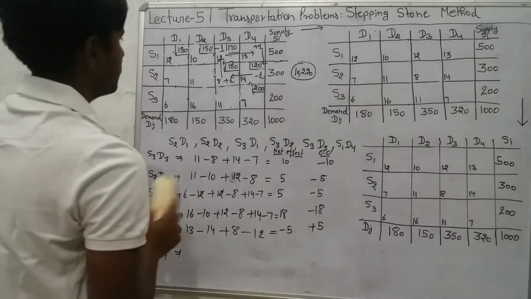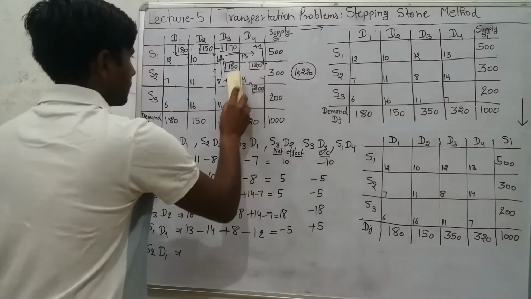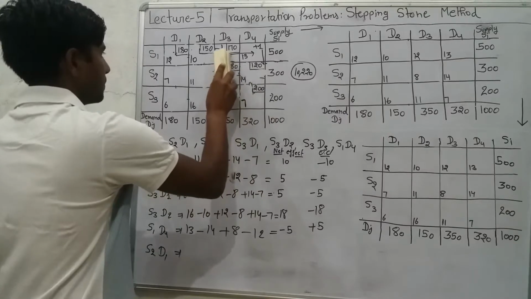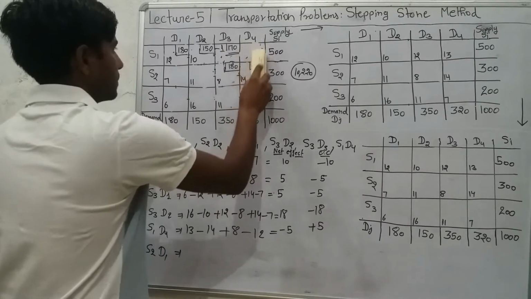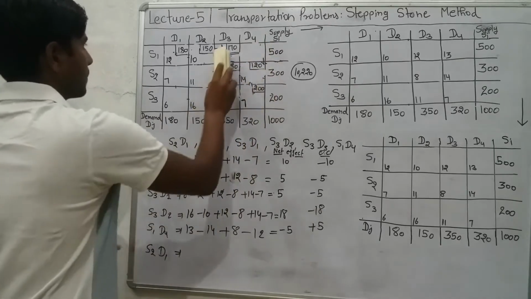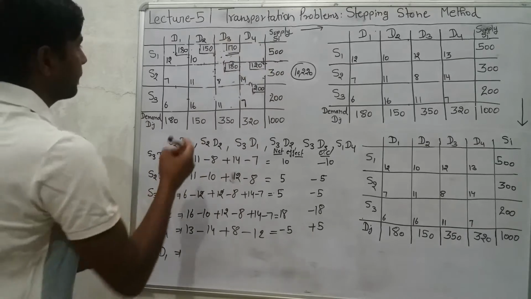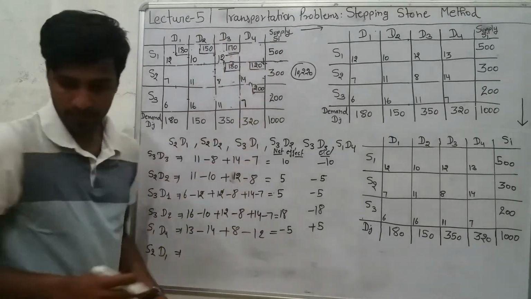Just clear this one. S2D1. Very quickly, what was the value there?